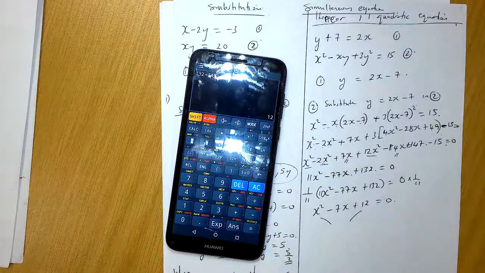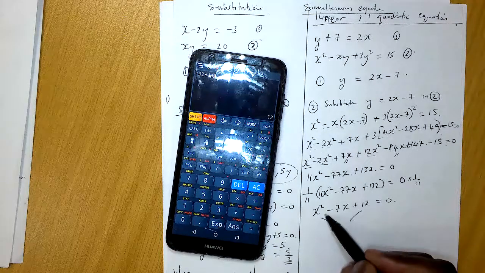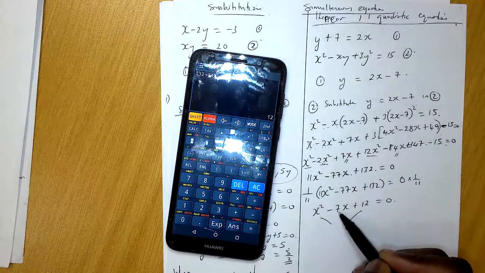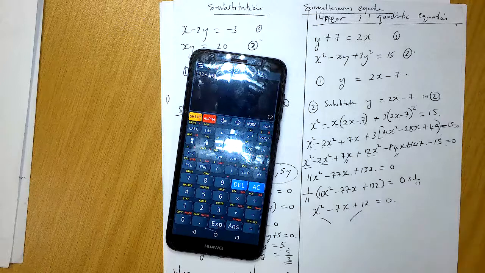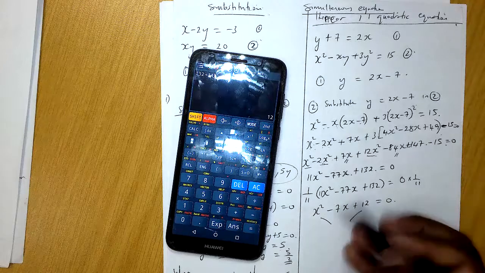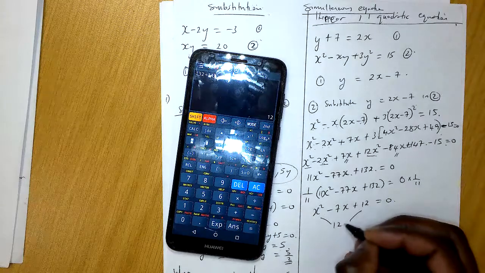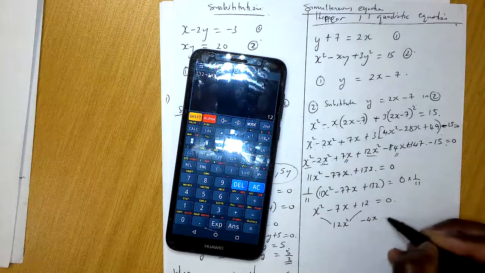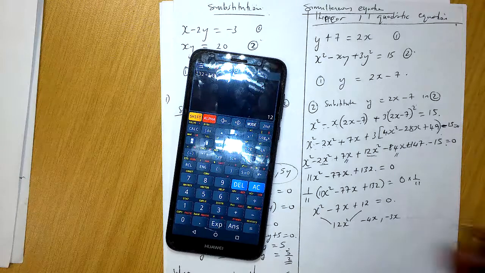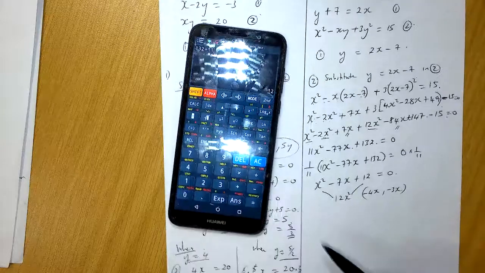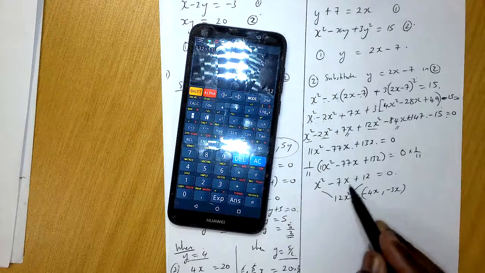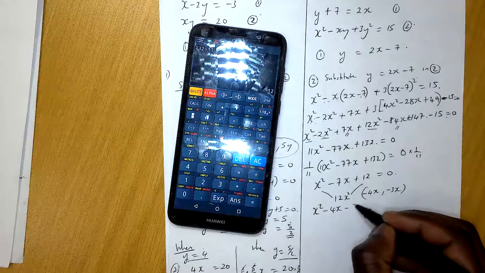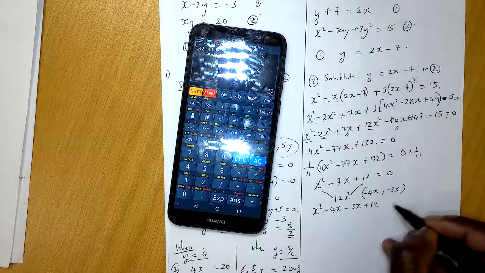It gives 12x squared, and any two factors here are supposed to be 4 and 3. So we can think of negative 4x and negative 3x. These are the two factors that you can use. If we add them, we get negative 7. So it's going to be x squared minus 4x minus 3x plus 12 is equal to 0.